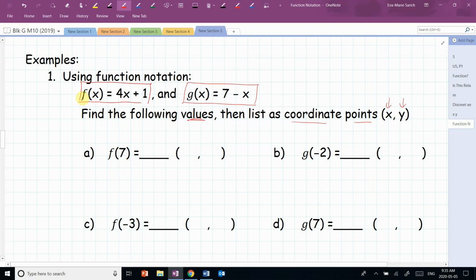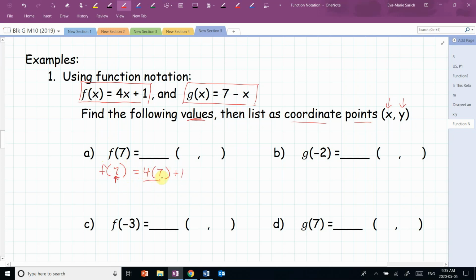So this is f of x. It's going to be f at 7 is going to equal, using this function up here, 4, take the x out and replace it with a 7, and then plus 1. We're simply going to calculate, multiply first.